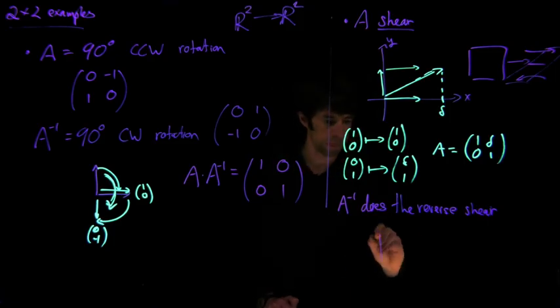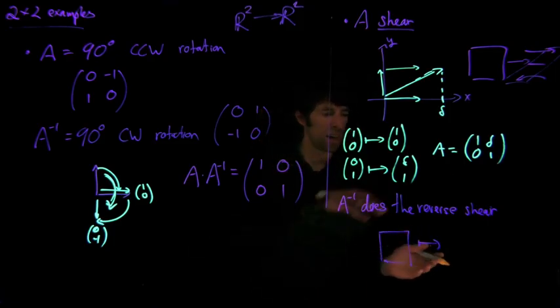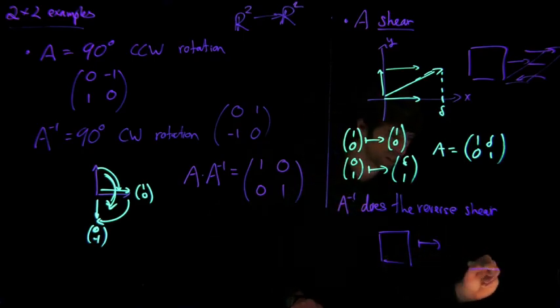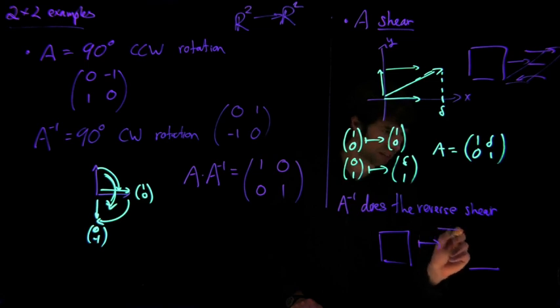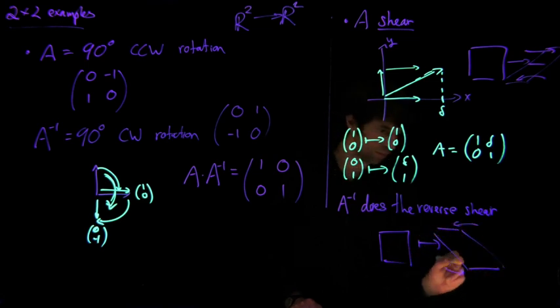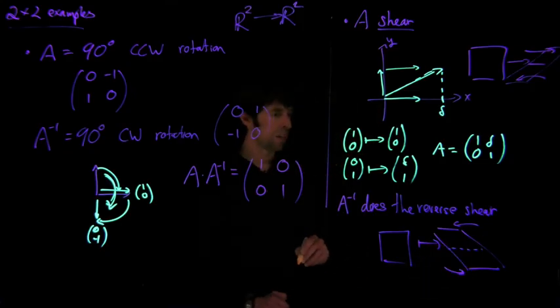So it's going to take a unit box and shear it the other way. So now the bottom is going to slide to the right, and the top is going to slide to the left, like that, and the middle stays fixed again.